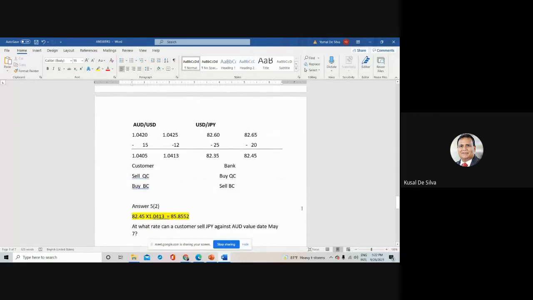Try to redo your sums using the concepts I have given you with the answers, and try to understand on your own what the things are. First, you need to understand whether you divide or multiply. Second, you need to understand whether the bank is buying the base currency or selling the base currency, or buying the quoted currency or selling the quoted currency. Then you need to apply the rate.